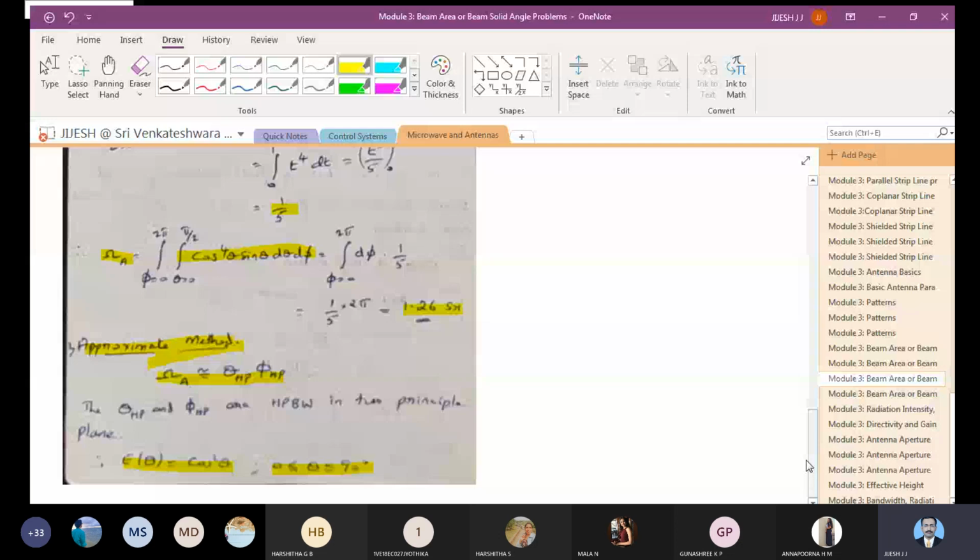Let us see how to proceed with this in the approximate method. The function given here is cos square theta, that is E(theta). You can try. You need to find out theta half power, which will be approximately equal to phi half power. Then we'll be substituting and finding out omega A.